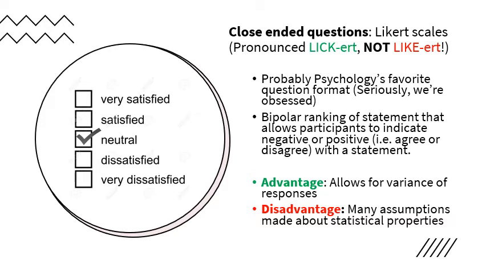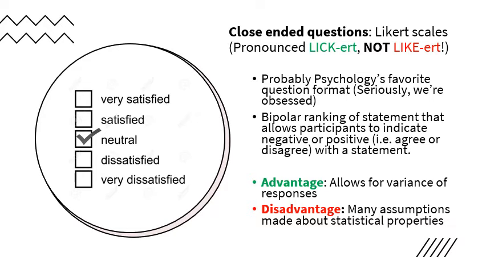But essentially, this is a bipolar ranking of statements that allows participants to indicate some sort of negative or positive degree of agreement with a statement. So if we look on our left, we get an example of a Likert scale response in which someone can answer between very satisfied to very dissatisfied, with options in between as well, so that participants can actually have some variation in the way that they agree.